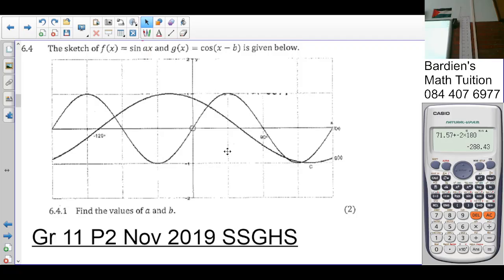Alright. So we are told that the sketch of f of x equal to sine a x and g of x equal to cos of x minus b is given below. So for the g of x graph, the graph has shifted b units horizontally, whilst A affects the period of the graph. Not so. The first question says find the value of A and B. So A is on the sine, and this is your f of x graph.